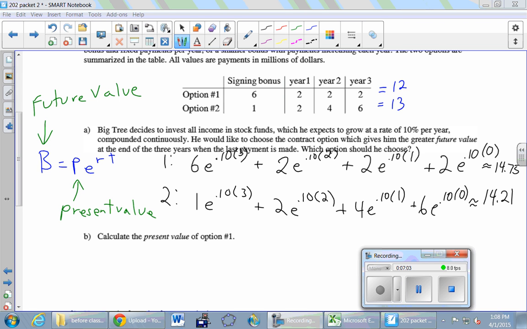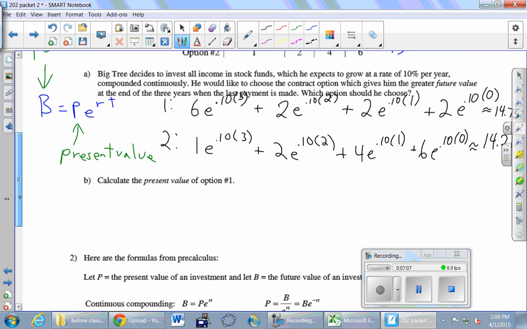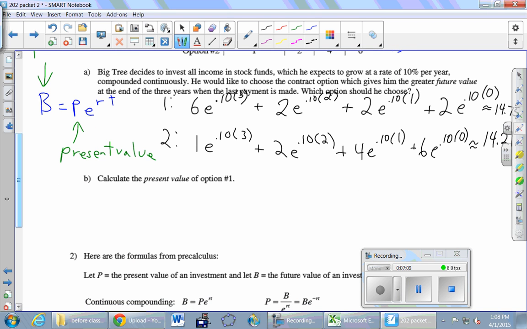That's what we're after. And so we will just use this blue formula again, but we're going to solve it for what letter? P, right? We want the present value. So the present value is equal to B over e to the RT, yeah? Or said another way, B e to the negative RT.